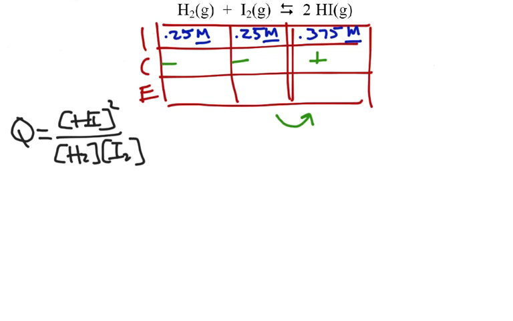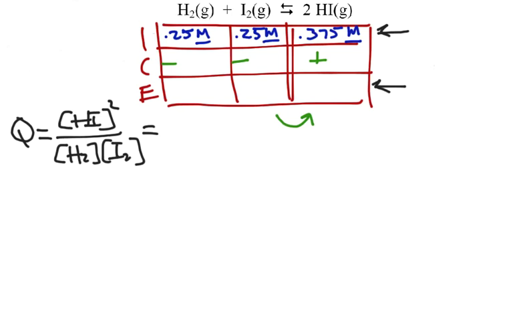Q is different from K because for K, I'm actually using equilibrium values, from down here. But if I put in my initial values, this lets me figure out whether I need to shift to the right or to the left to reach equilibrium.